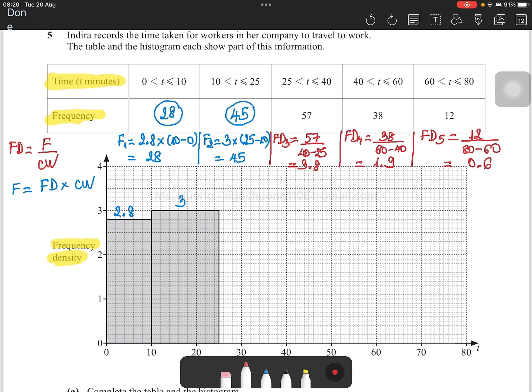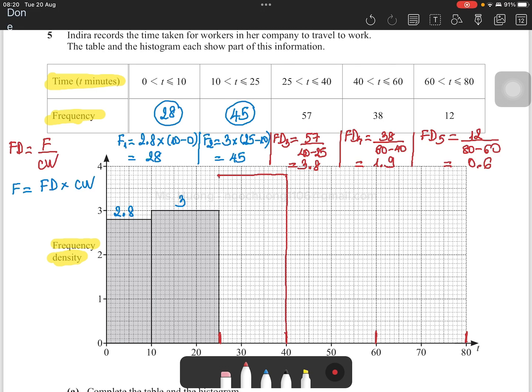And now we'll draw the histogram for the last three blocks. The third block is from 25 to 40. The fourth block is from 40 to 60, and the last block is from 60 to 80. The third block has a height of 3.8. Here we go, 3.8.